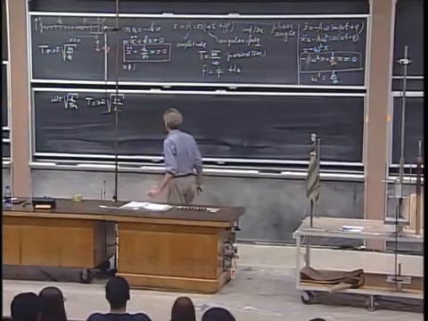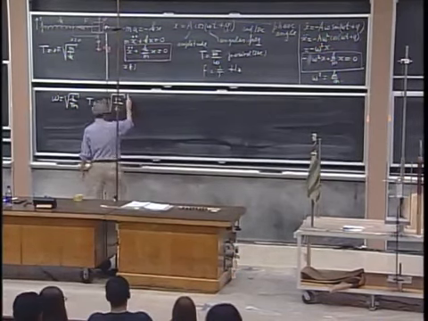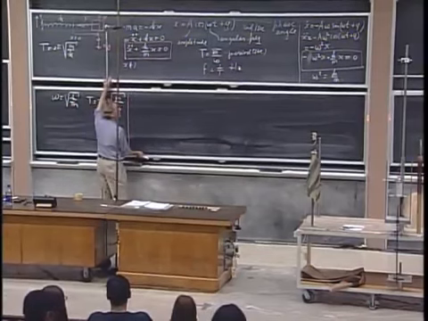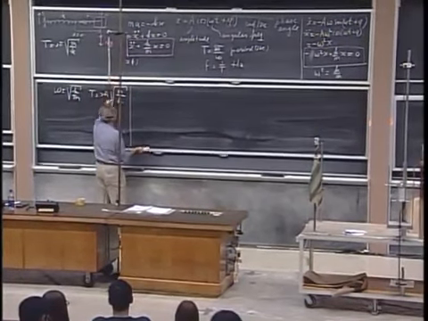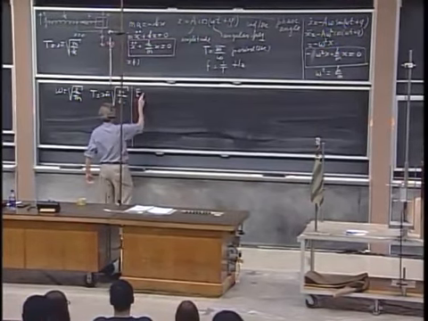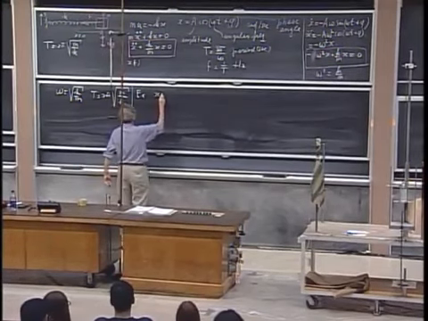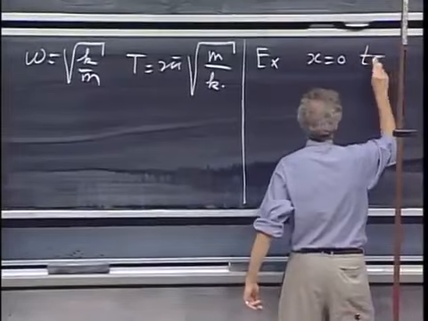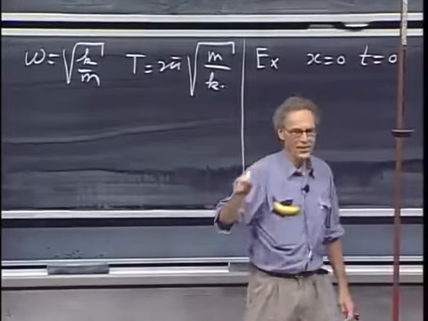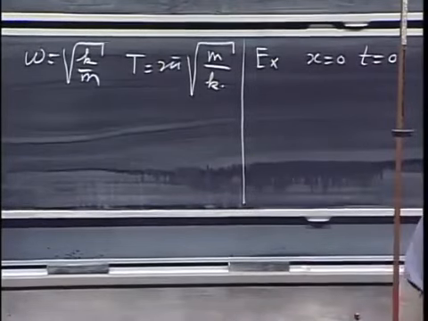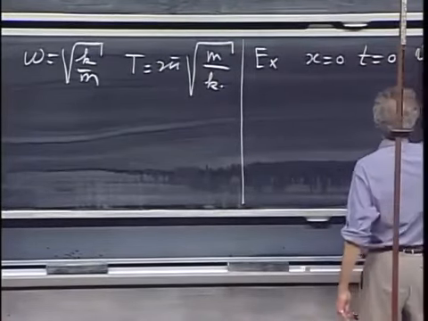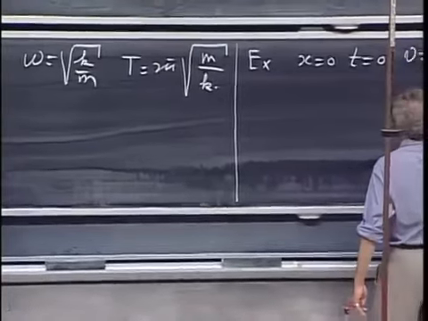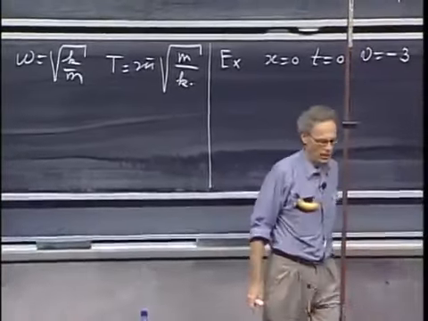And I want to do an example whereby you see how A and phi immediately follow from the initial conditions. So in this example, I release the object at x equals 0, at t equals 0. So I release it at the equilibrium. At that moment in time, I give it a velocity which is minus 3 meters per second. My units are always in MKS units.